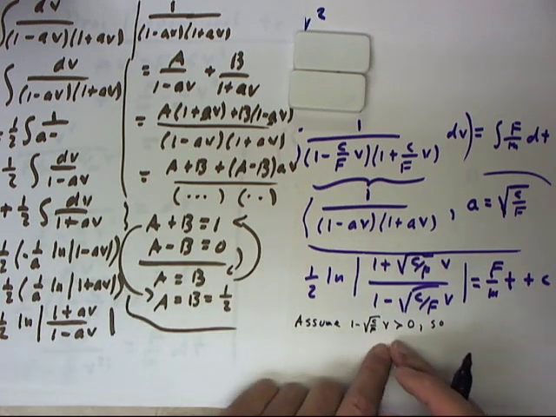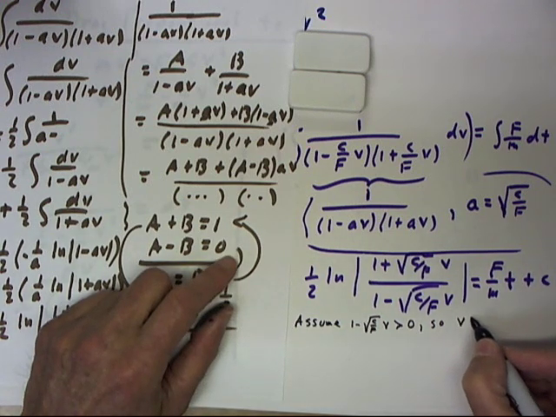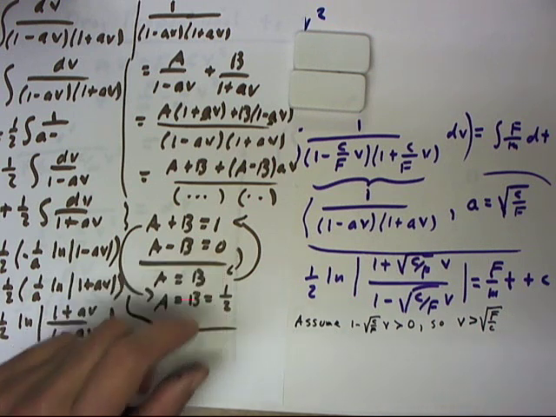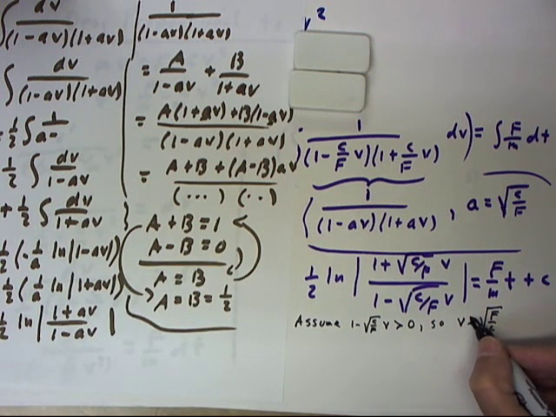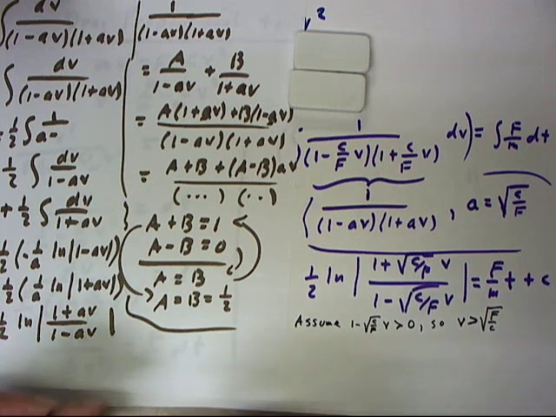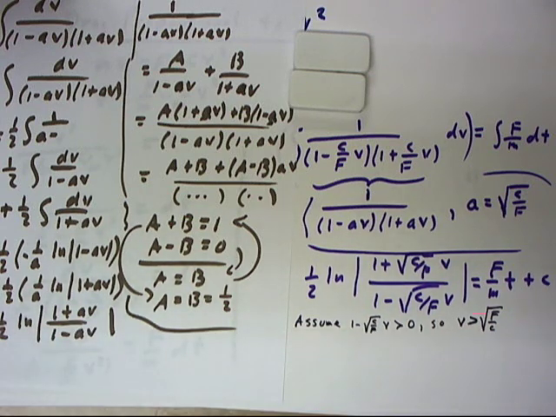Now, if we solve that for V, that means that V is going to have to be greater than the square root of F over C. Now, the square root of F over C is going to be associated with our terminal velocity, and we'll look at equilibrium solutions in a minute, but let's just continue with the analytical solution.